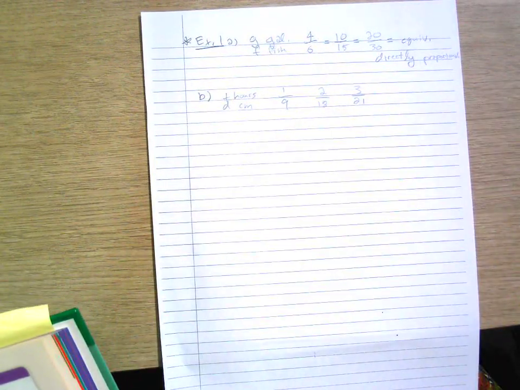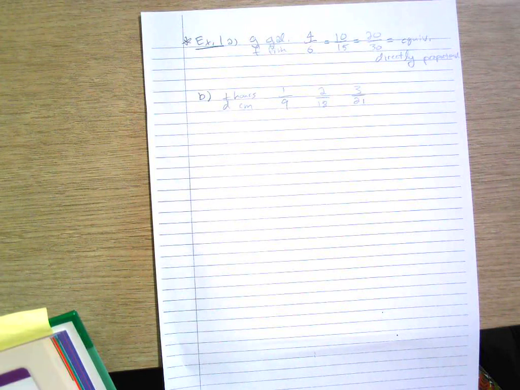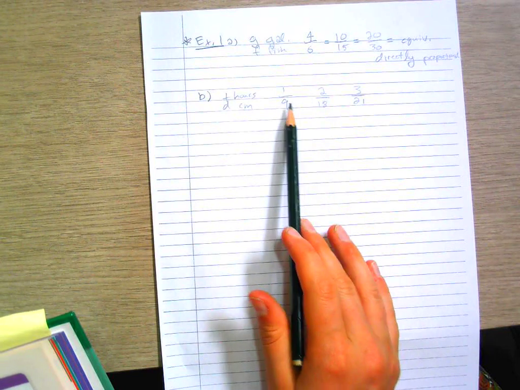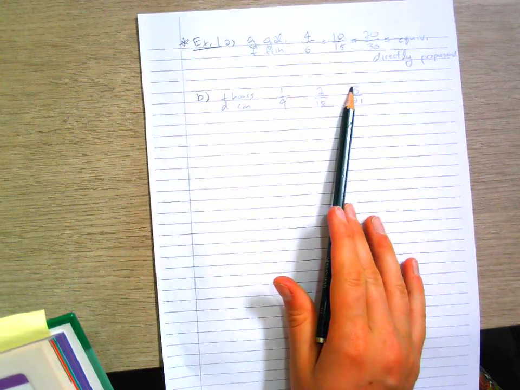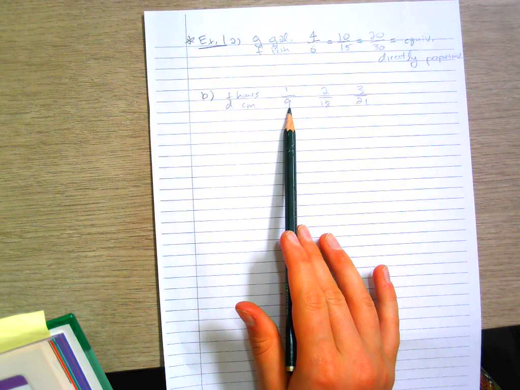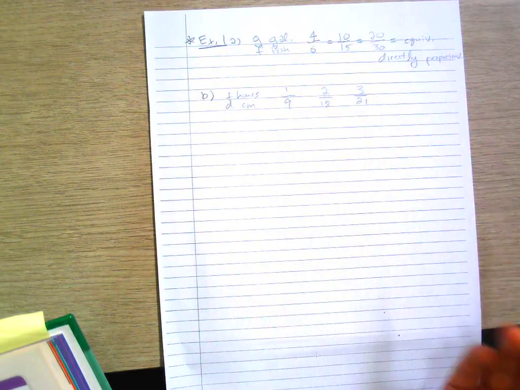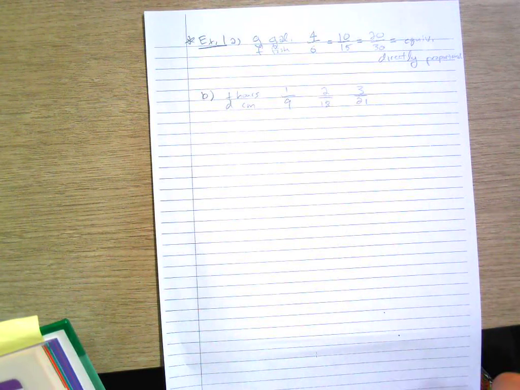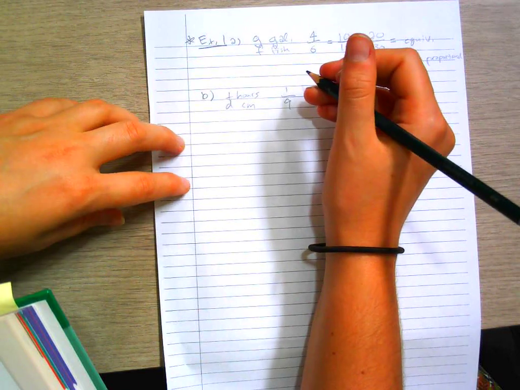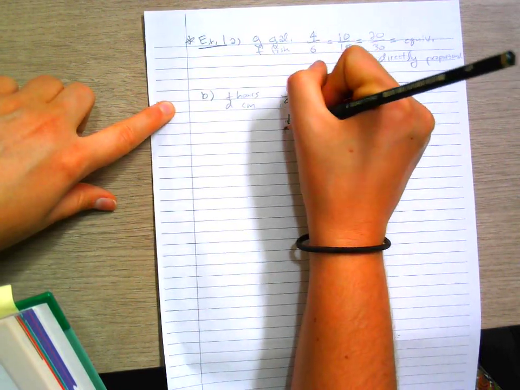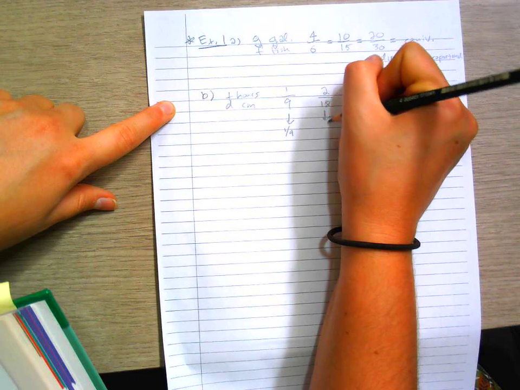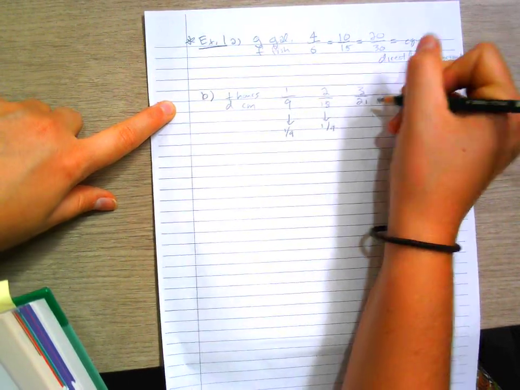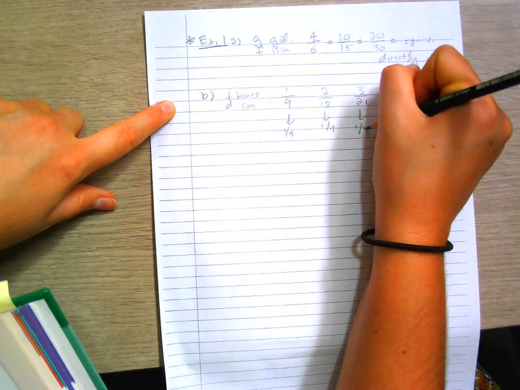We can't get a direct proportionality from it because the speeds of the snail aren't constant. Like if we multiplied 1 times 3 to get 3, we couldn't multiply 9 times 3 also to get 21. So therefore they are not constant because all of these equal different numbers. For example, this one is going to be equal to 1/9. This one is also 1/9, but this one is equal to 1/7.